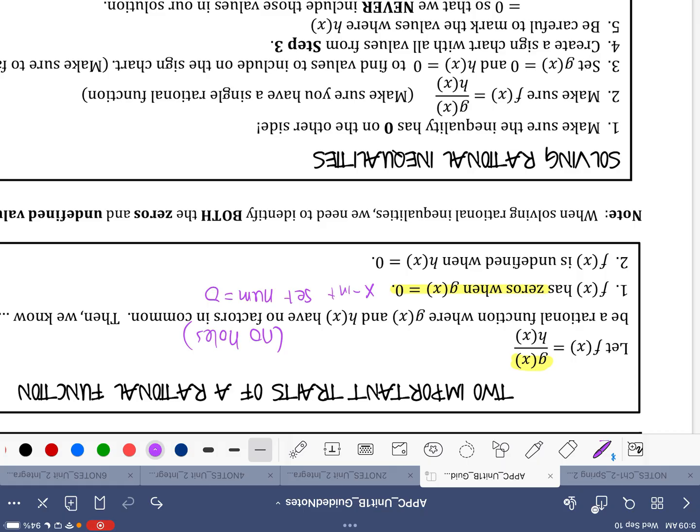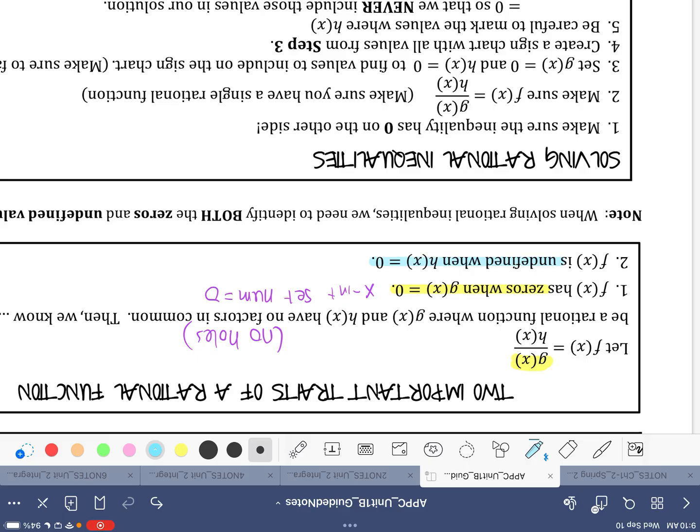Where a function is undefined is when the denominator would be 0, because you can't take 30 parts and divide them into nothing, right? I can't take 30 things and divide them into no groups. They have to have some kind of division going into them.